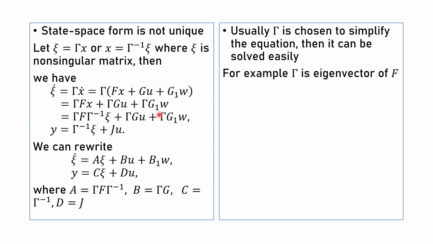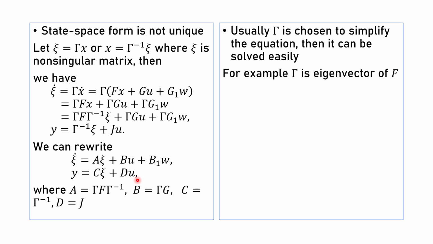And you still have disturbance, and the output equation also has a very similar form, with some constant matrix times psi, and then I think I missed the matrix H in front. Okay, so we can rewrite it like here, psi dot equal to A psi plus B u, plus the disturbance, and y is C times psi plus D u.